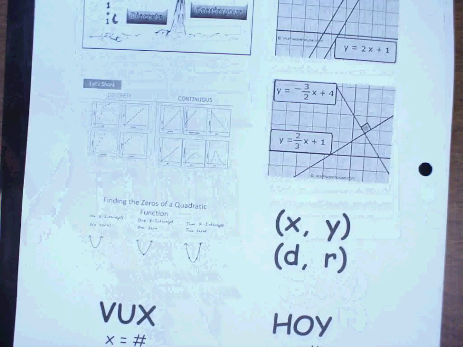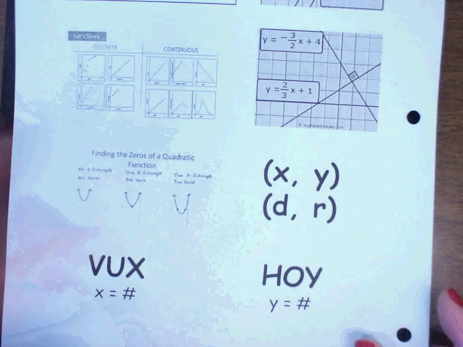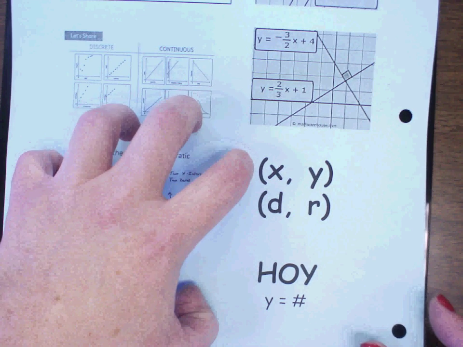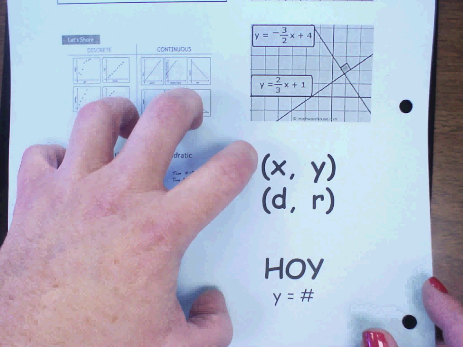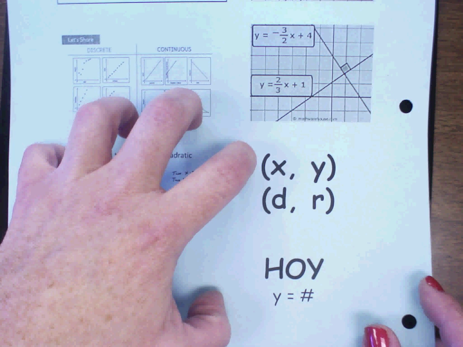We did that a little bit yesterday. We're going to talk a little bit about discrete and continuous over the next 2 days, which is right here. All right, these are the cheat sheets that my kids used last year. They really like them because it's just information that you don't have to remember. It's right there in front of you, okay?